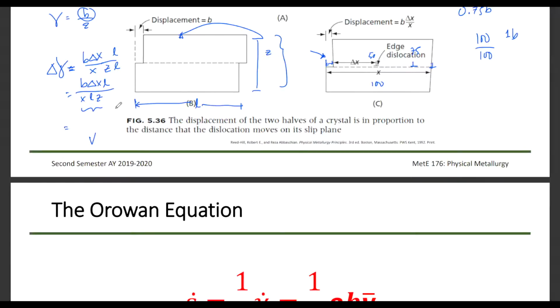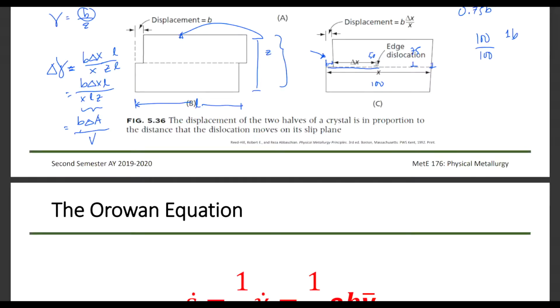And B delta x L is actually the change in area.